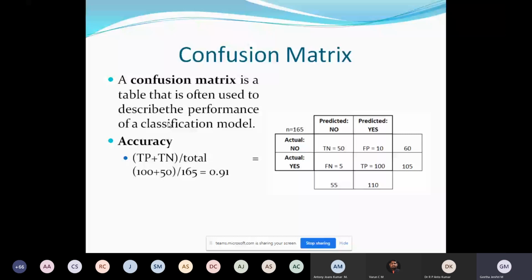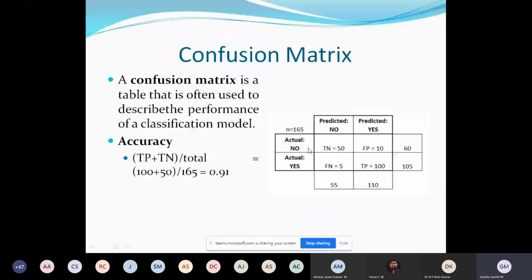The confusion matrix is a table that is often used to describe the performance of a classification model. One dimension says whether the actual is yes or no. Similarly, the predicted says either yes or no. If actual says no and predicted also says no, it is called a true negative.